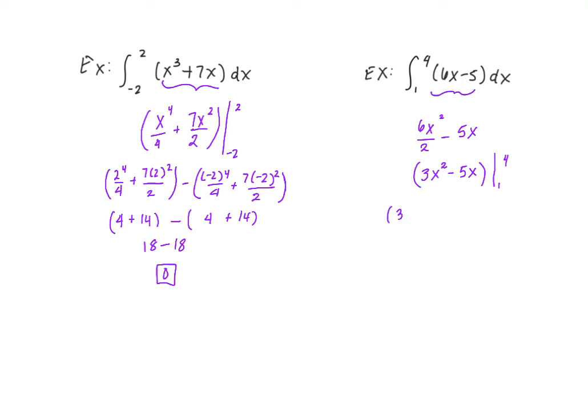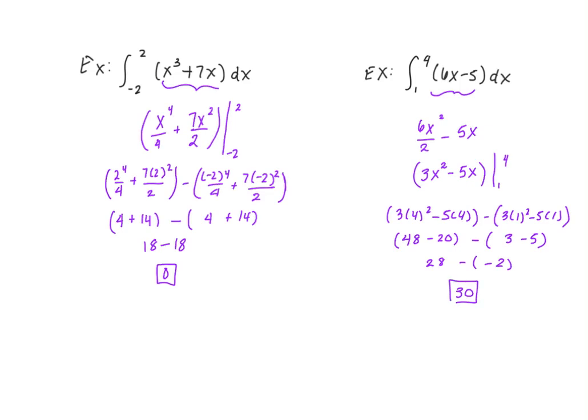So I've got 3 times 4 squared minus 5 times 4, minus 3 times 1 squared minus 5 times 1. So in the first one I have 16 times 3, which is 48, minus 20. And the second one I have 3 minus 5. So I have 28 minus a -2, which is 30.